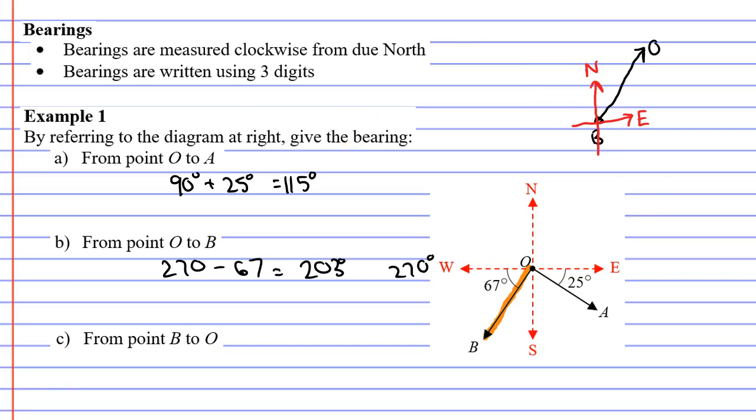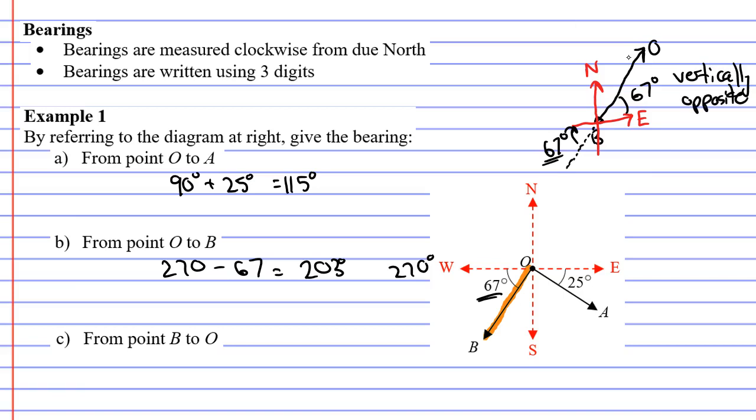Well, I'm going to draw a dotted line that carries on this line here. And we know the angle here is 67 degrees because that's the same as our diagram below. Here's our 67 degrees here, and here's our 67 here. This means that this angle from east to the arrow is 67 degrees as well, because they are vertically opposite each other.